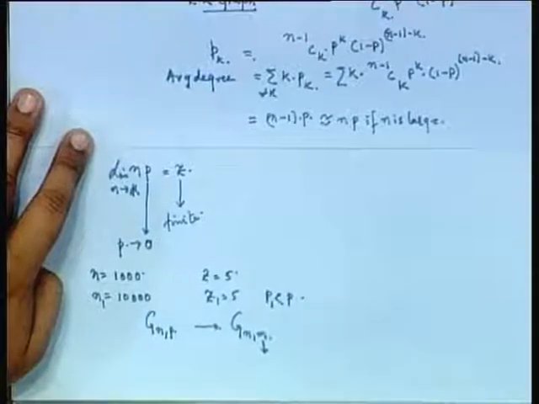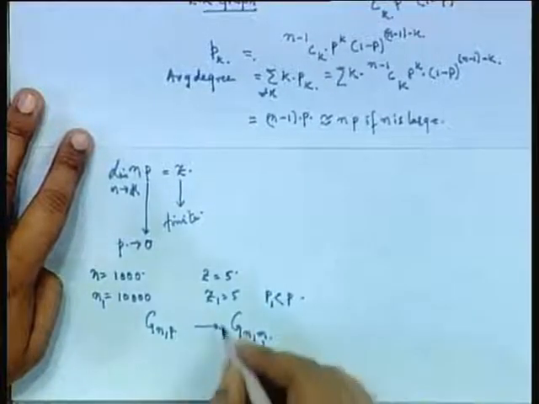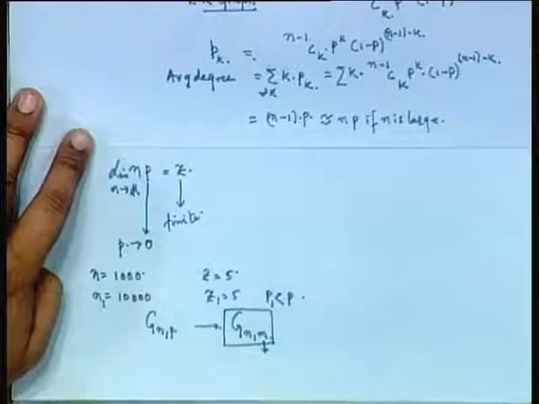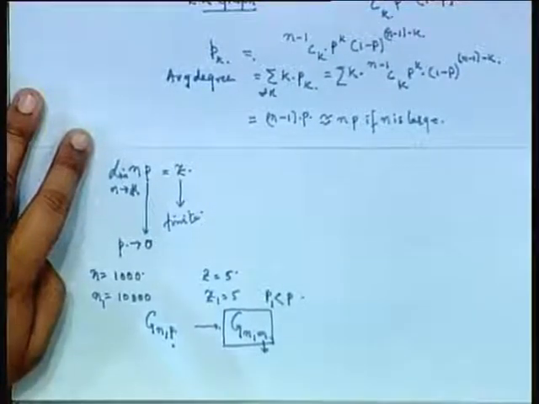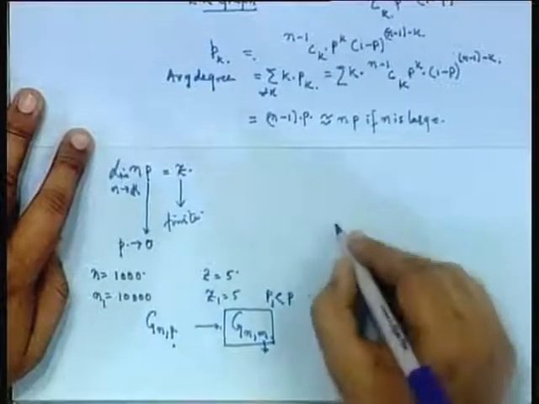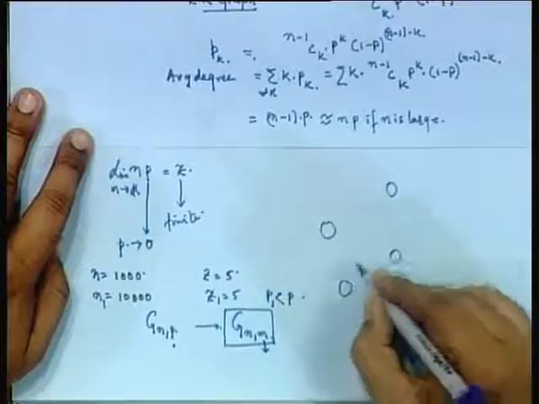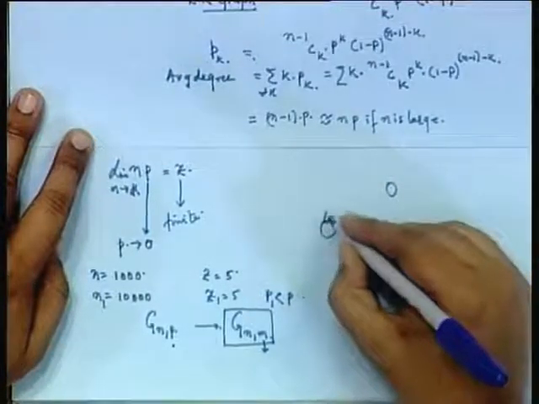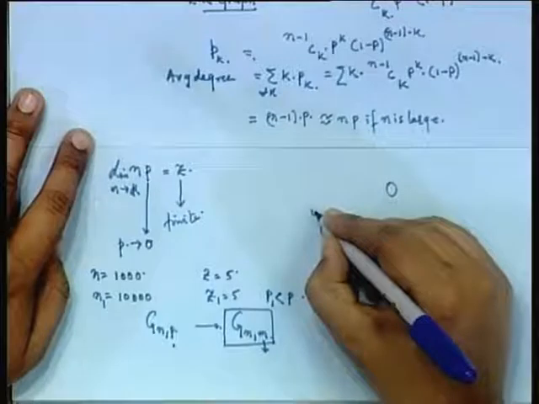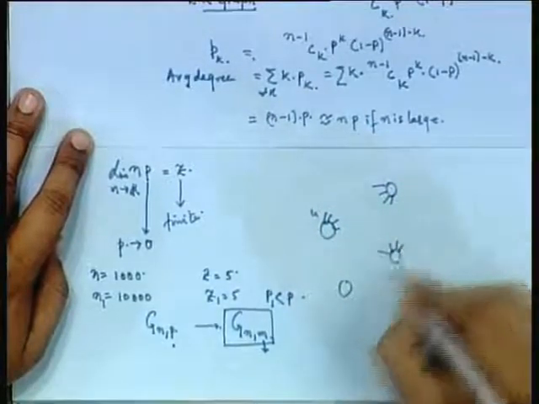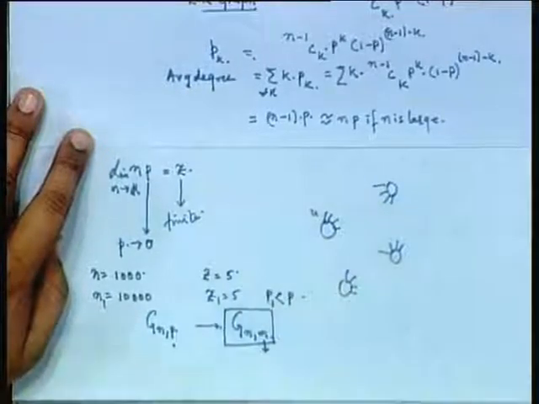So now I am telling you there is a special case of G(n,p) where every node has an exact degree m. I take this node, this node, this node, and tell that each will have exactly degree 4.